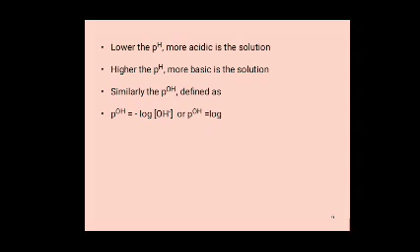In case of a base solution, it produces OH minus ions. pOH is equal to minus log OH minus ion concentration, or pOH is equal to log 1 by OH minus ion concentration. The sum of pH and pOH is equal to 14.